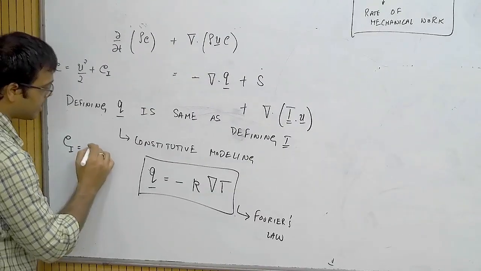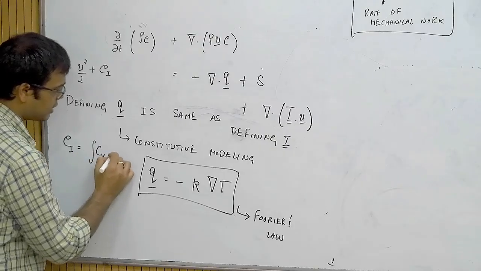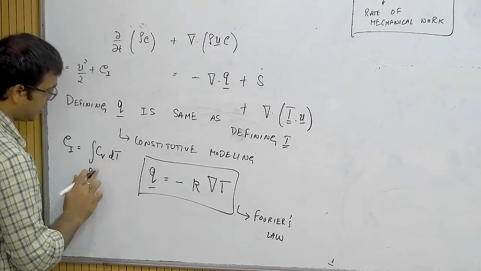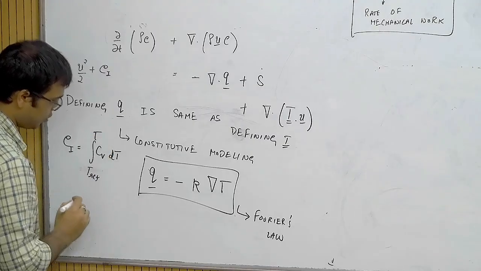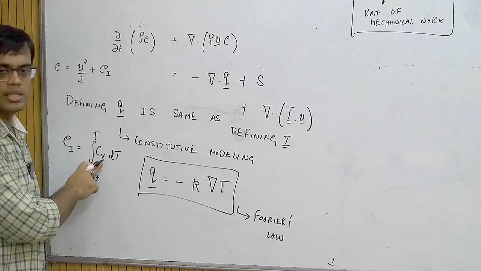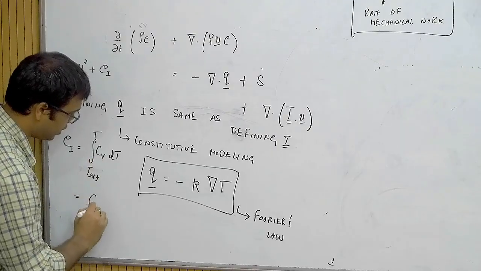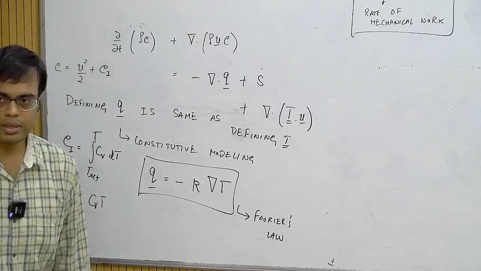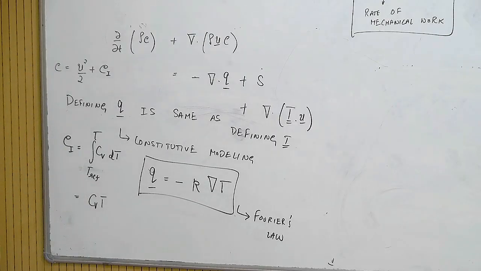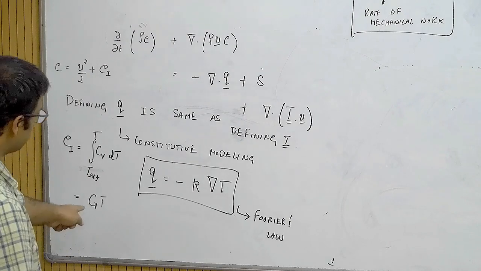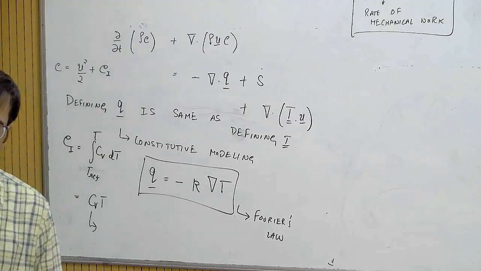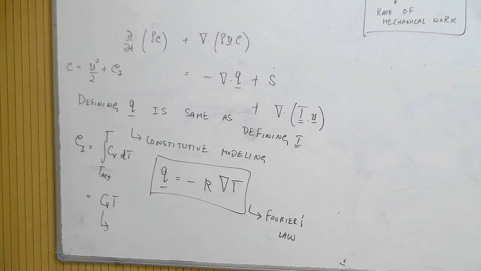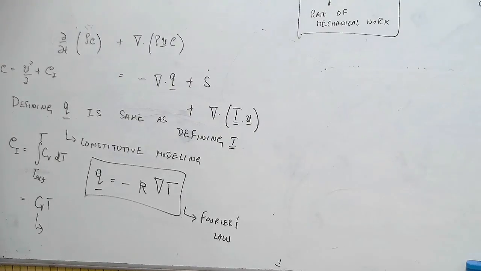In a general case, I am going to define this EI as the integral of Cv from some Tref to T. In this course, we are not going to entertain any variations in Cv due to temperature, and we are only going to consider EI as this Cv times T. For us, the internal energy is going to be Cv times T, where Cv is the specific heat capacity at constant volume, in joule per kg Kelvin. These are the units.